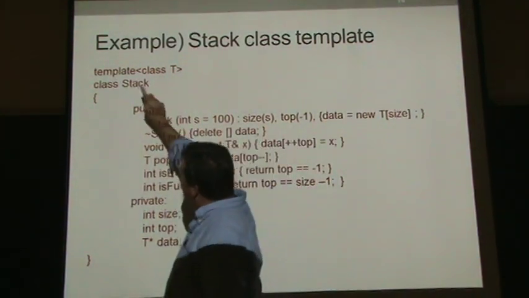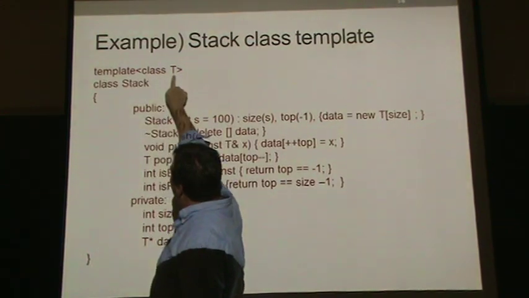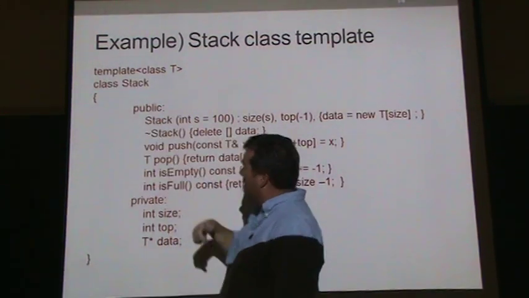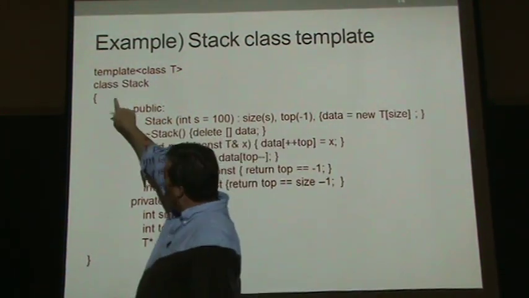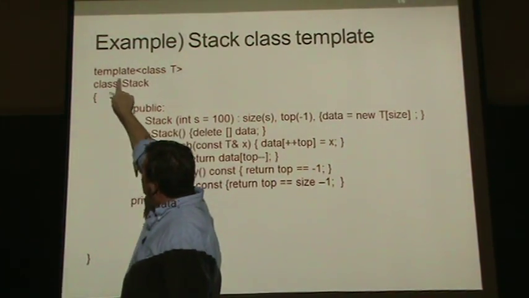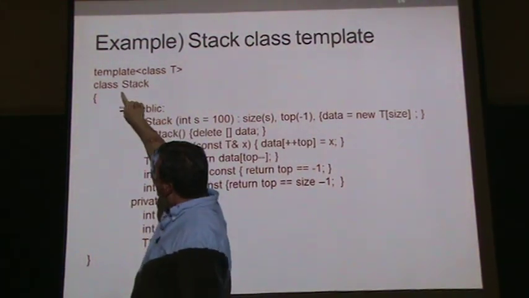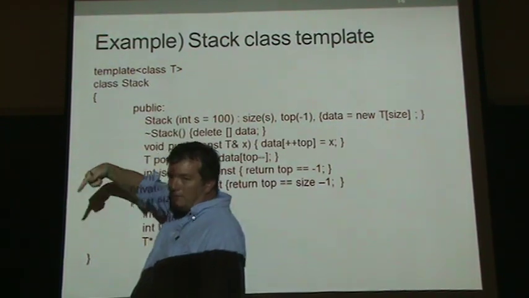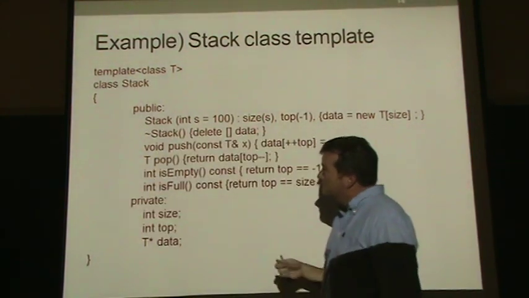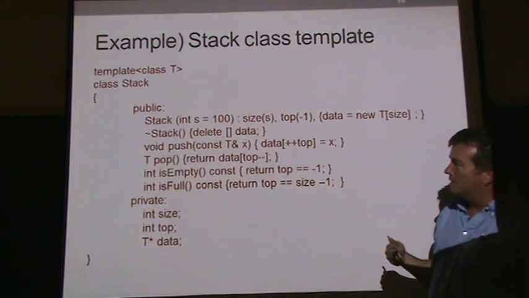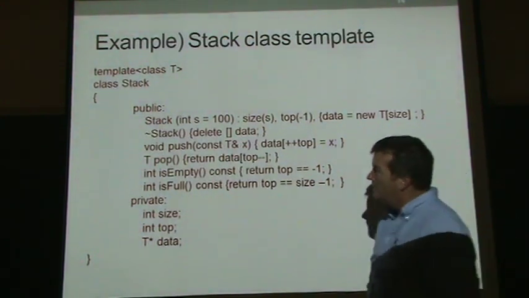We're saying template class T, parameterizing the thing we're going to make a stack of. And whenever you say template class T, the next thing after it is either a class definition or a function definition, because that's all C++ allows you to do templates of, functions and classes.